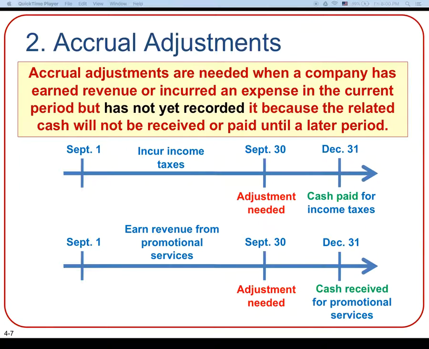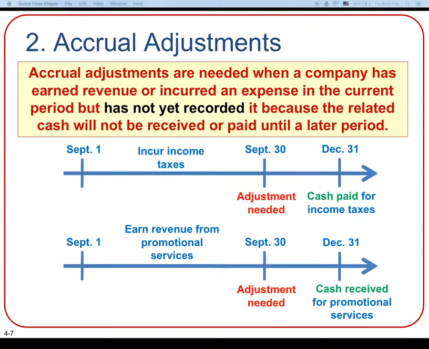So in that case, by September 30th, your revenue earning for this month is already ended. So you need another adjustment to record the revenue. And then you don't have cash because you're not going to receive cash until the end of the year.